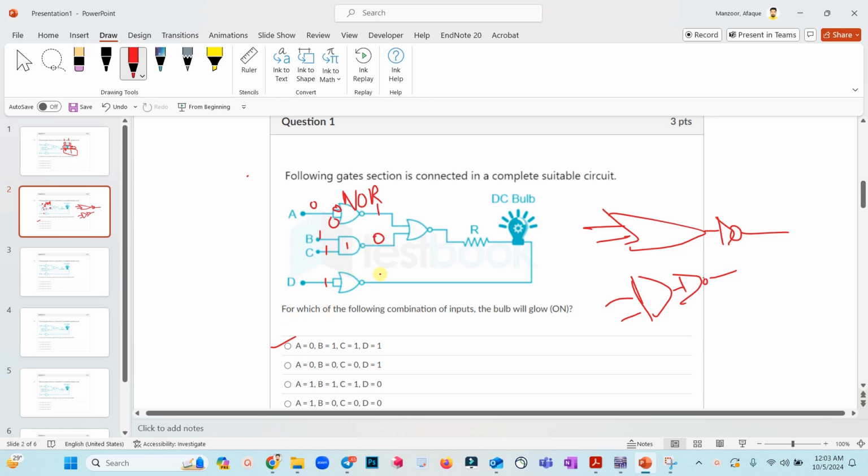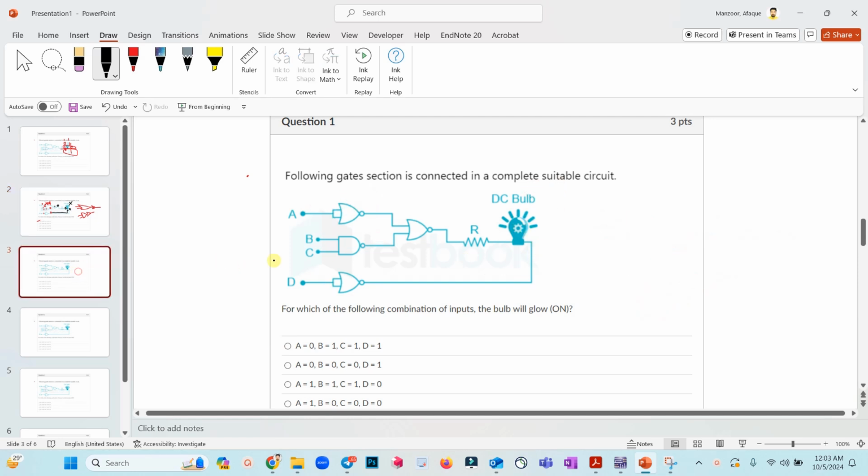And 1 plus 1 would be 1, but this is inverting, that means it will be 0. So this terminal has got 1, 0. This terminal should be 1, but unfortunately, see, this is 0. So we don't think that the bulb will be activated. Let's try the second option.